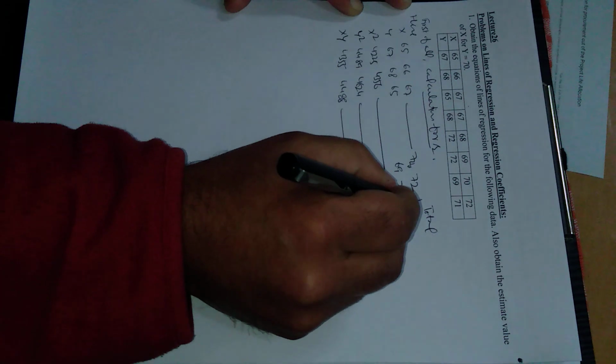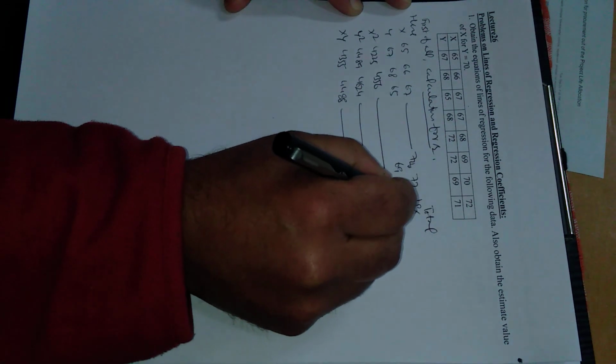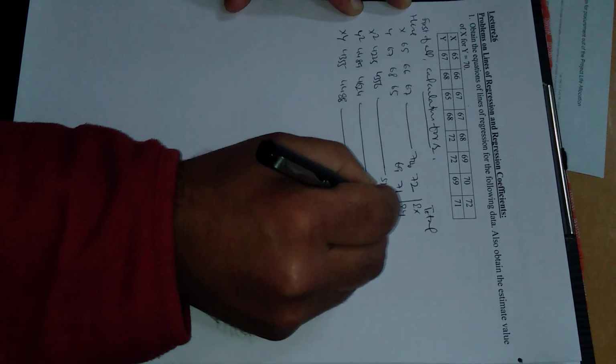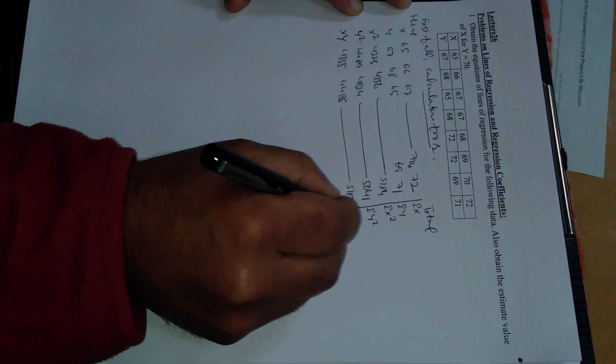Here we need the totals: summation x, summation y, summation x square, summation y square, summation xy.